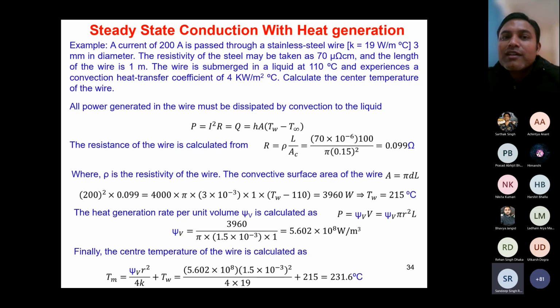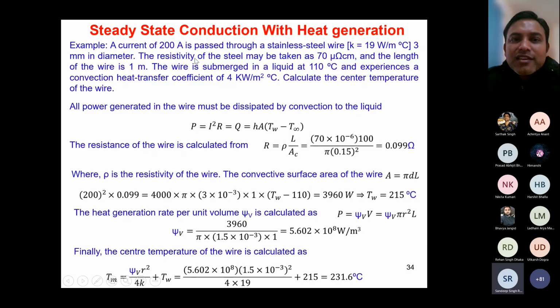Whatever heat is taken out by the liquid from the wire will be the same as the amount of heat generated by the wire. And the amount of heat generated by the wire is given by what? Whatever the electrical energy dissipated in terms of heat, that will be the heat generated. So heat dissipated can be calculated as I square R, where I is the current flowing through the wire and R is the resistance.